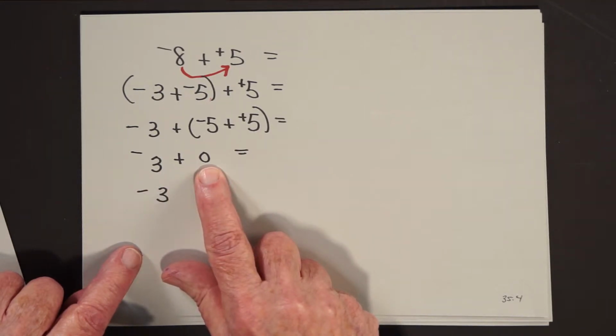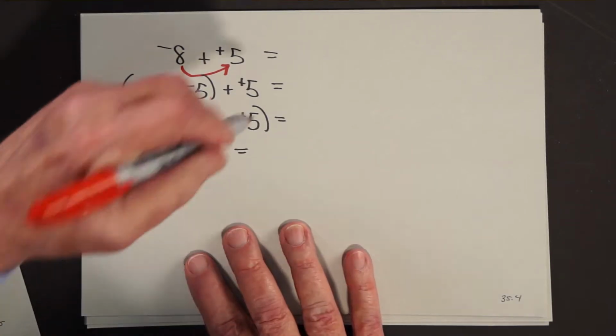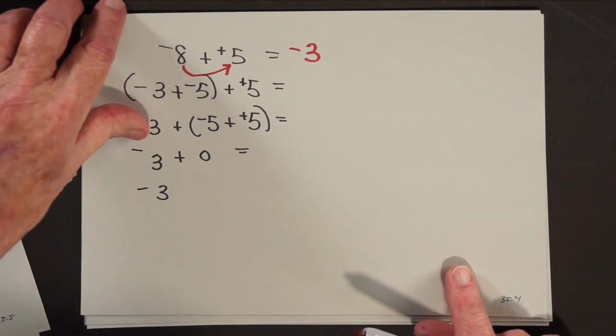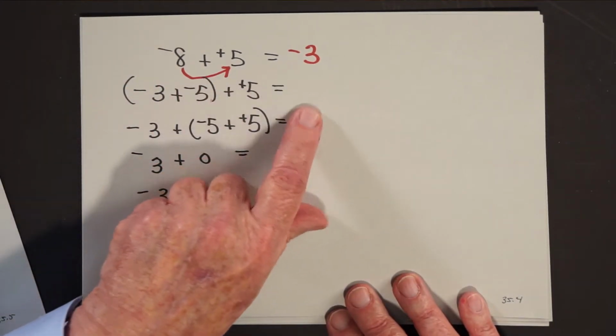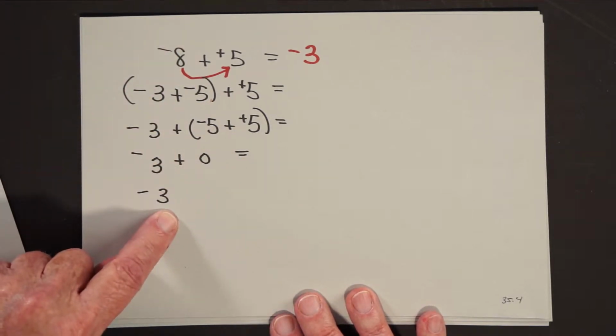That's why it's called the additive identity. So -3 plus 0 is -3. And now what I've done is translate the profit and loss model into an exact mathematical sequence of steps, each of which is justified by a rule of the game, a property that we've associated with numbers.